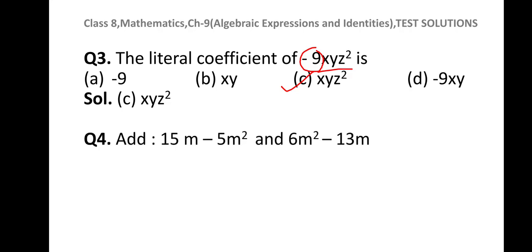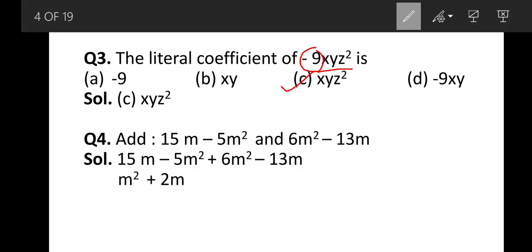Now question number 4 is add 15m minus 5m square and 6m square minus 13m. We need to add these two terms. So as I need to add, I have written plus sign in between these two expressions. In place of and, I have written plus sign.